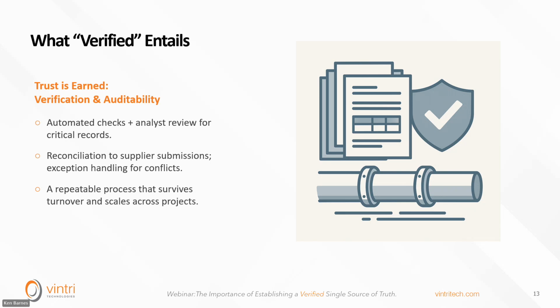Maybe that's the one that can't handle the product or the pressure of that line. So instead of cleaning the problem away, verification gives you visibility, helping you catch those risks before they become expensive mistakes. When conflicts or exceptions arise, there's a process to handle them consistently. And because this process is repeatable, it survives turnover and scales across multiple projects.